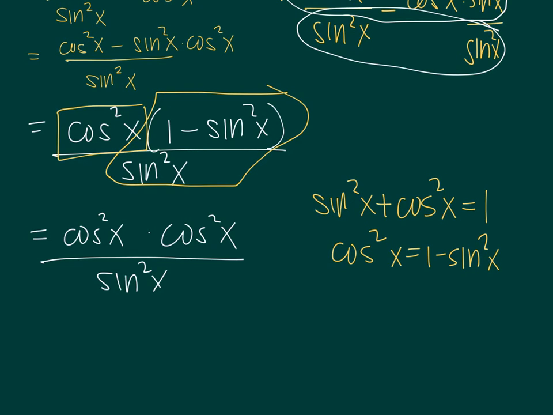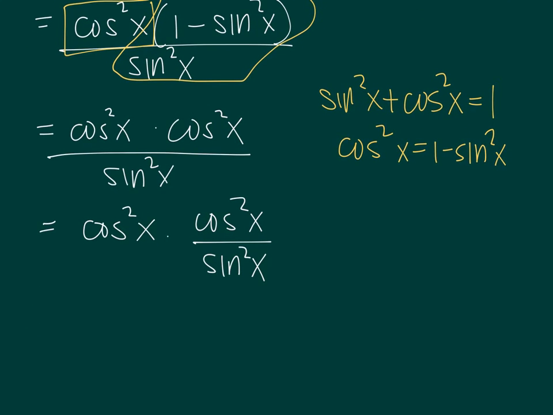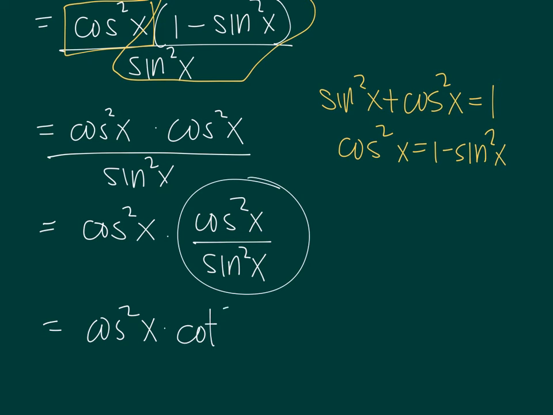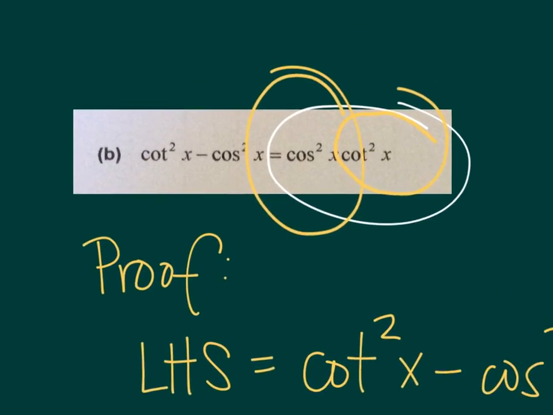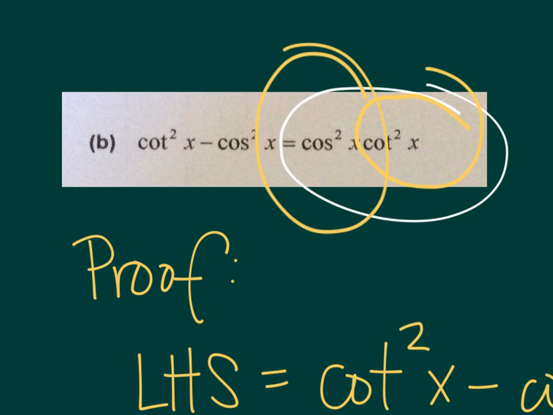And then you could make this cosine squared x times cosine squared x over sine squared x. And if you're familiar with the identities, you should already recognize that this is basically cotangent squared x. Hence, we were able to reach the right hand side of the identity. So we have proven that these two are identities.